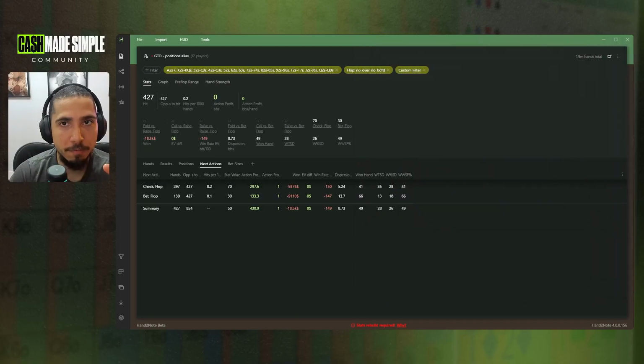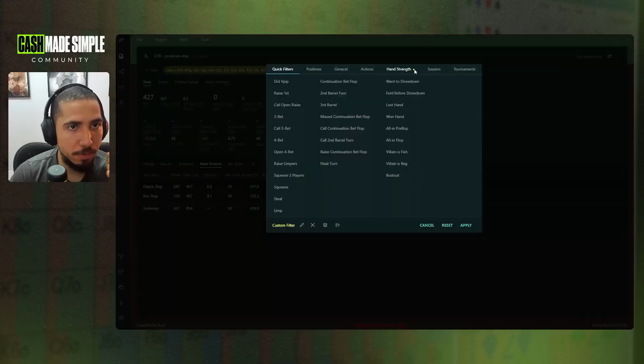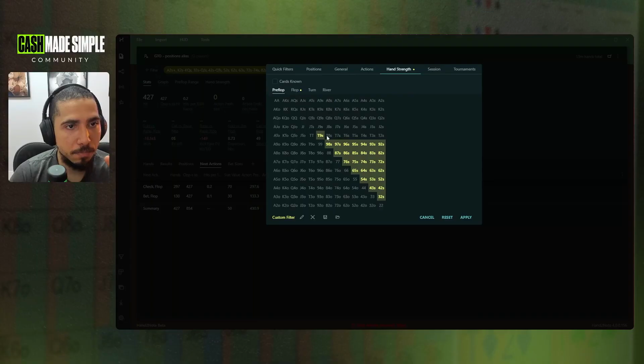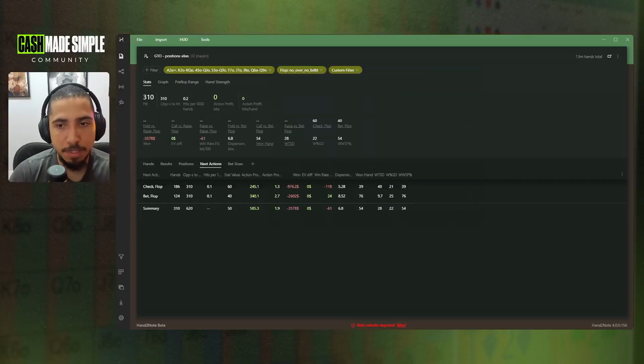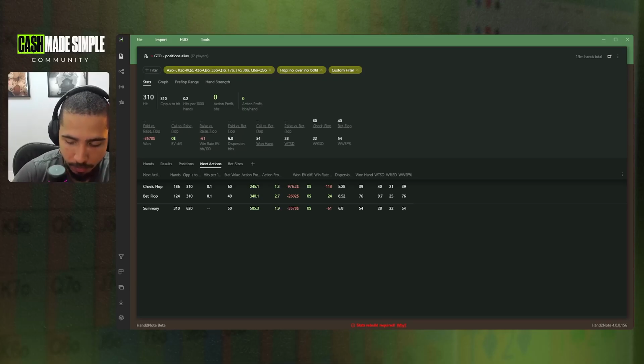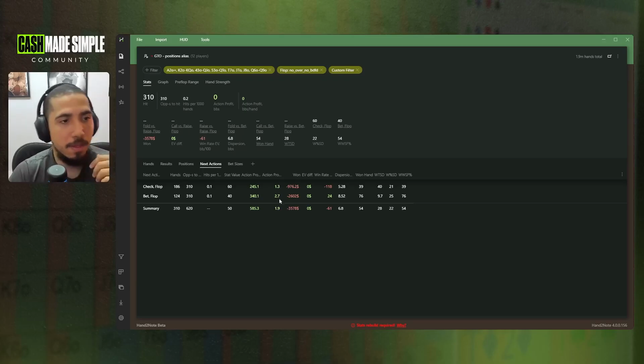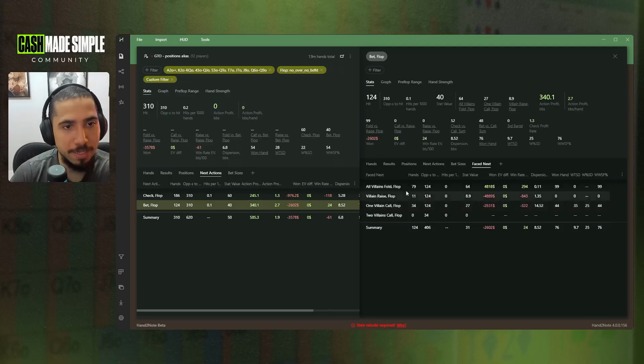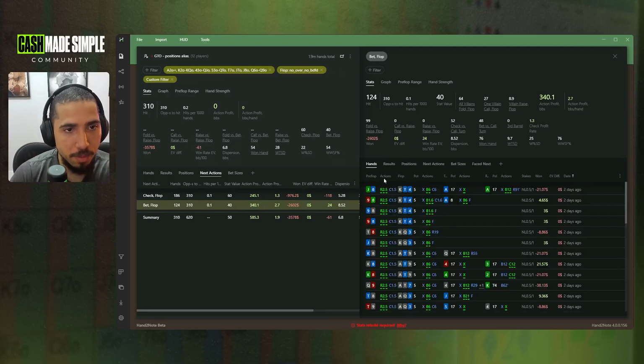Now, what about offsuit trash? Offsuit trash, we're going to have to filter. With the offsuit hands, it goes up to 40-60. And I would imagine that if we went deeper on it, most of the hands that are going to bet here have some kind of backdoor flush draw.